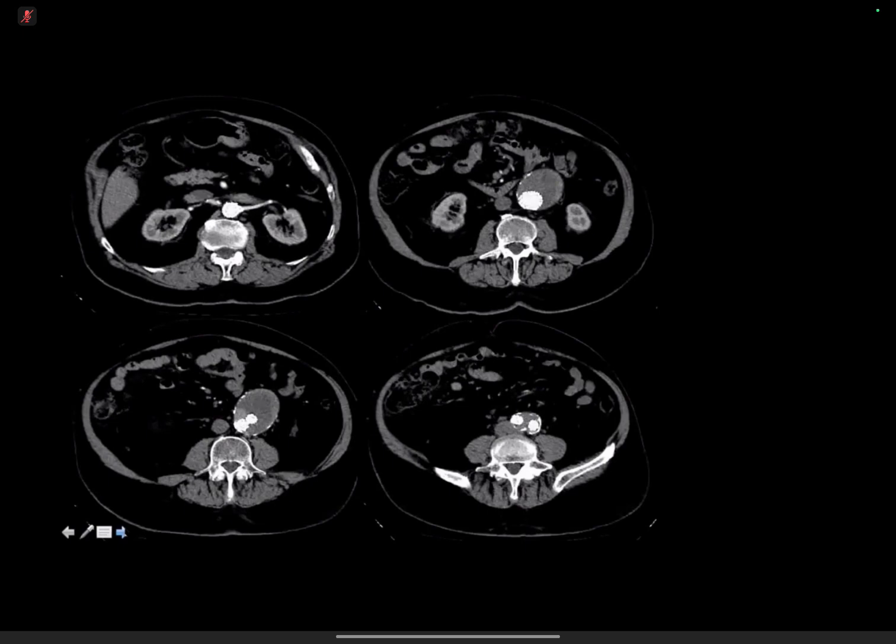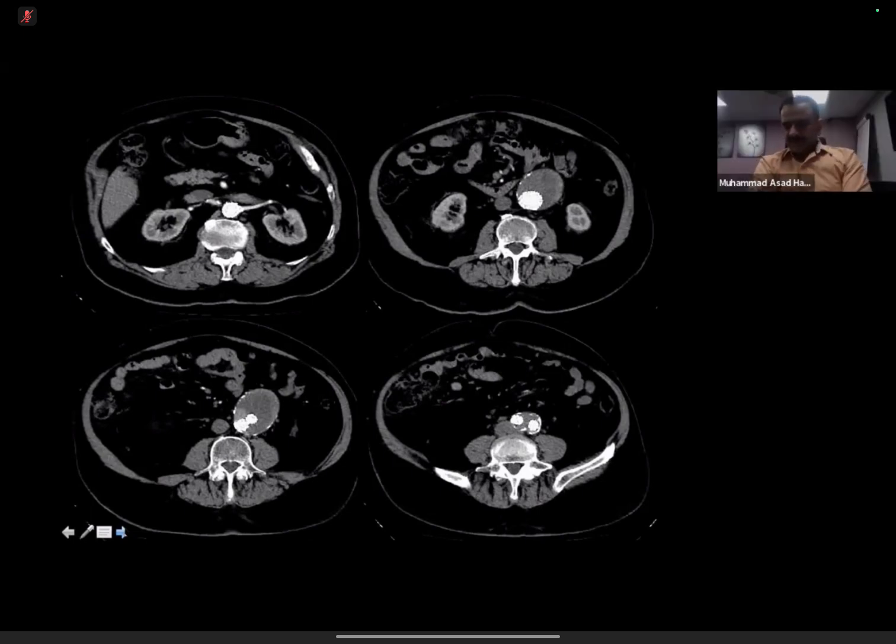I think type 2 arises from the branch vessels. Type 3 is a defect within the actual graft or actual EVAR. I can't remember what type 4 is. And type 5 is if it increases in size without any evidence of endoleak. Good. That's called endotension.